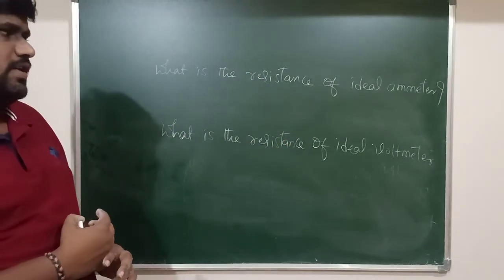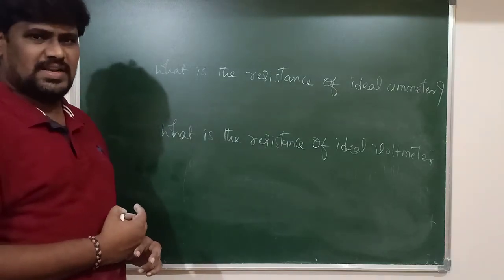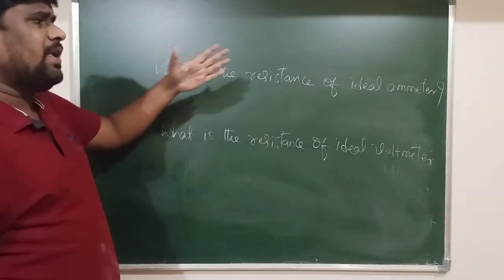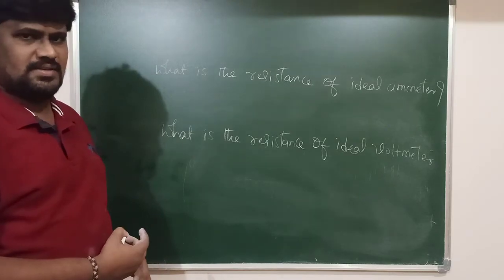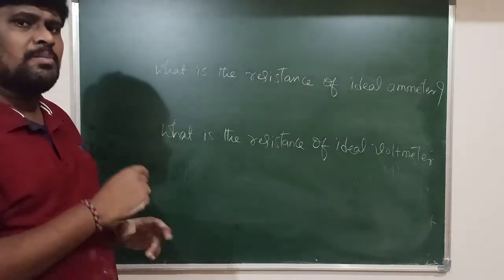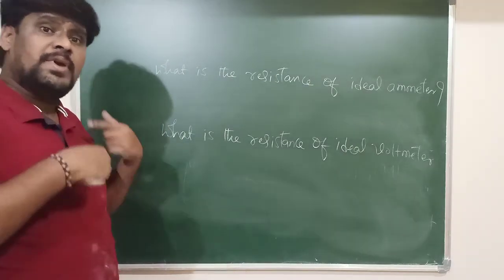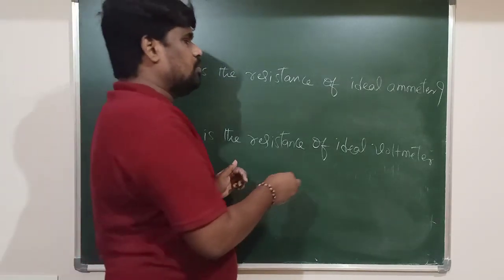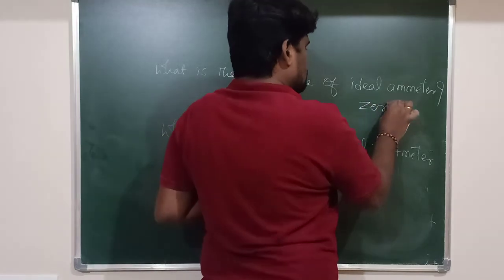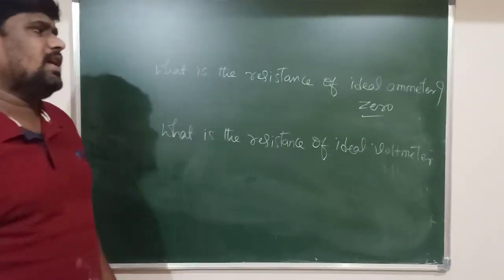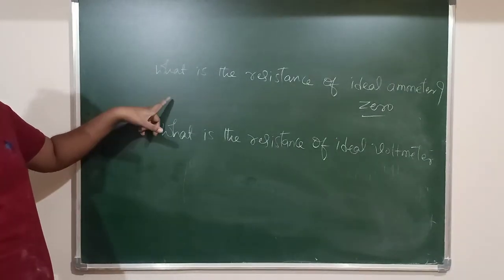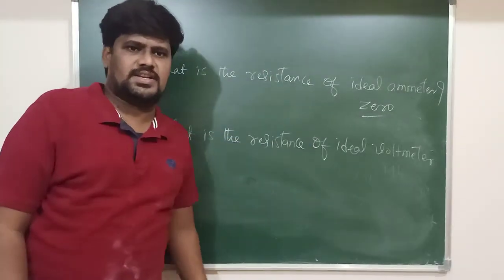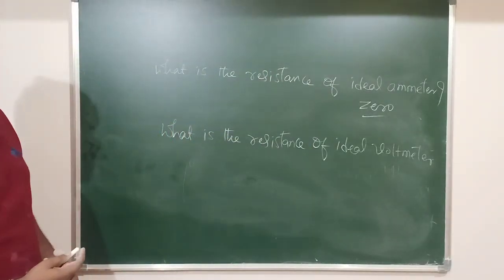An ammeter is a current measuring device. It should have minimum resistance. Ideally, minimum means how much? Definitely it should be 0. The ideal ammeter has 0 resistance.